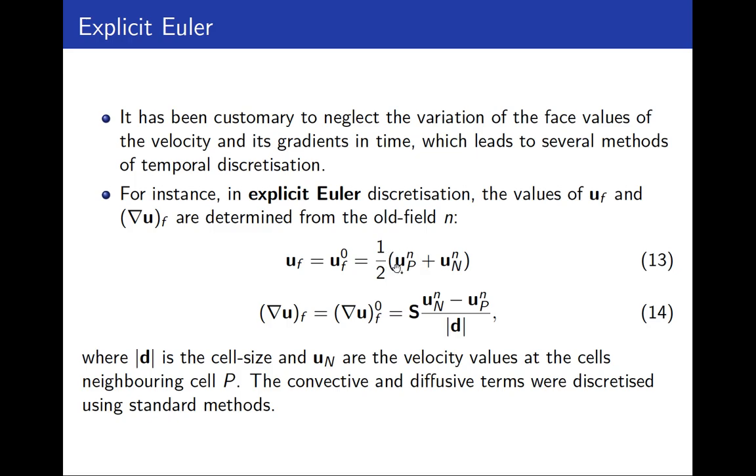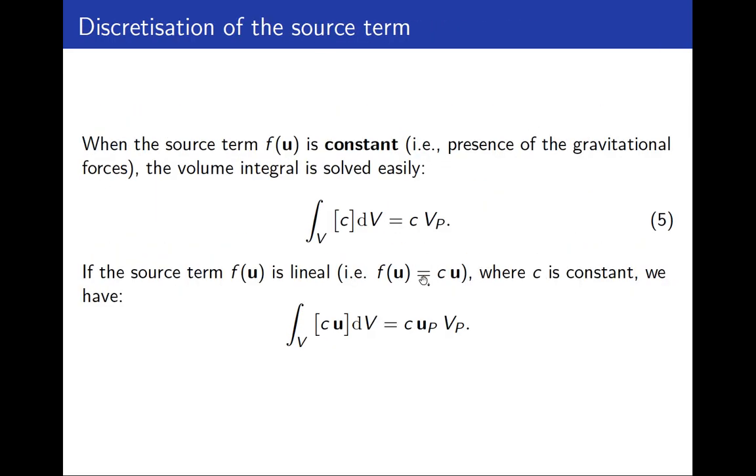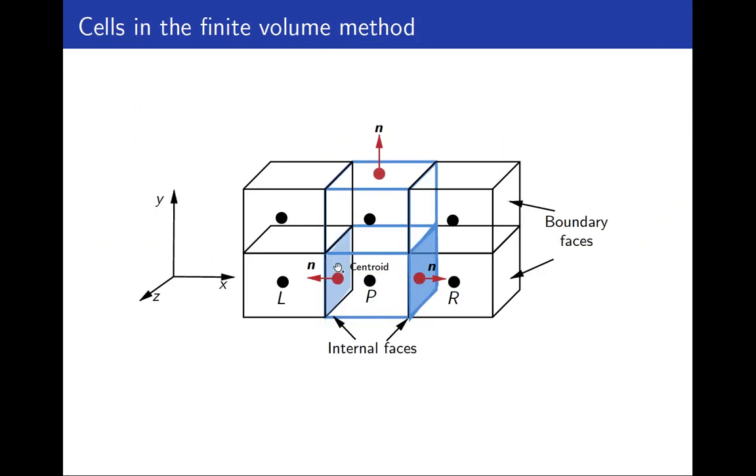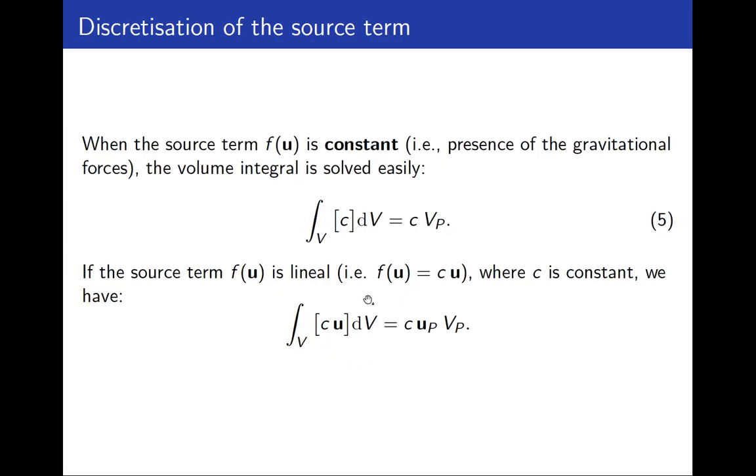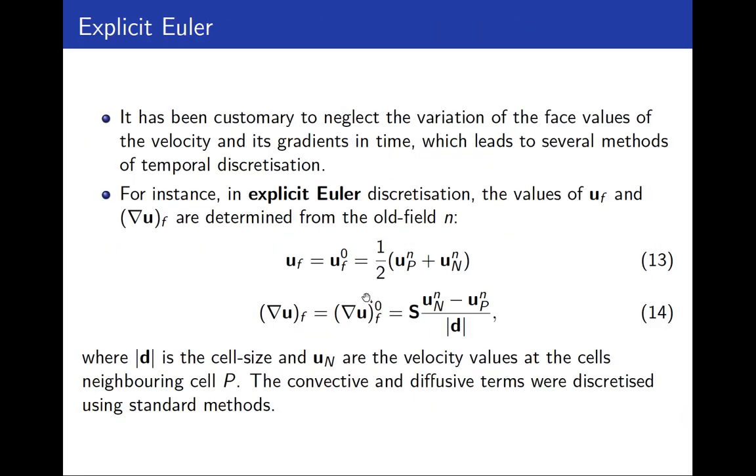Let's say we want to estimate the velocity at this face, the one in blue. We will only use an average between the velocity at the centroid L and the velocity at the centroid P. So this is how we evaluate the velocity at the cell faces, as an average.